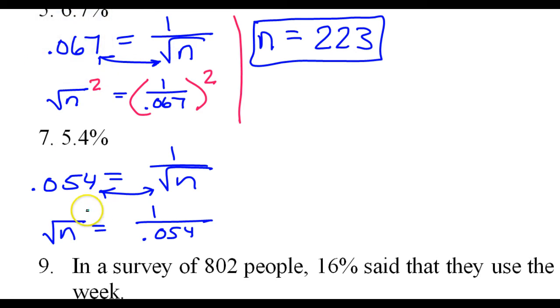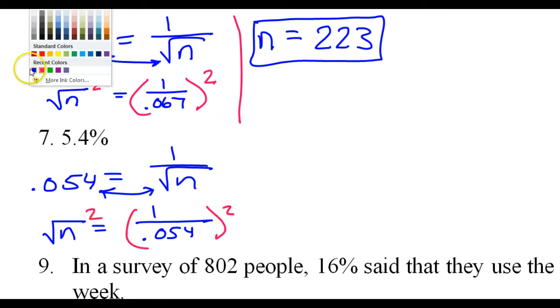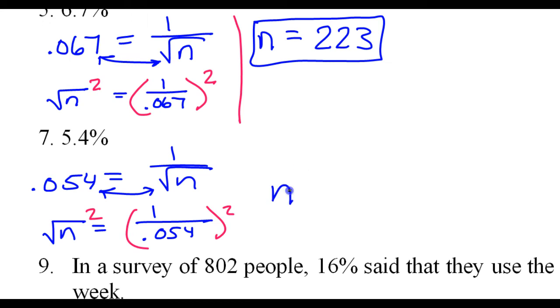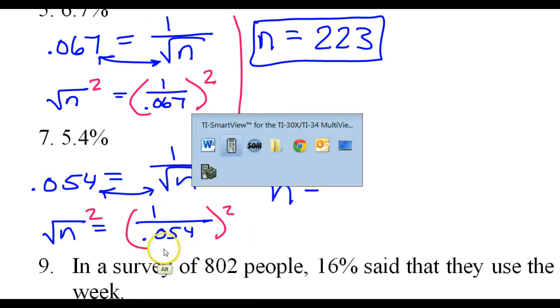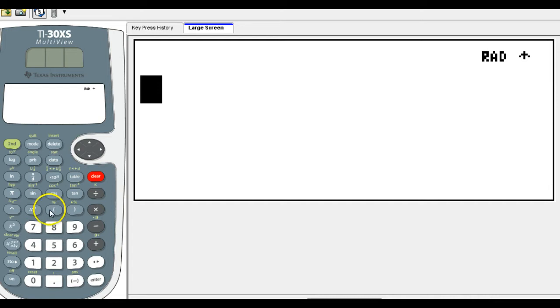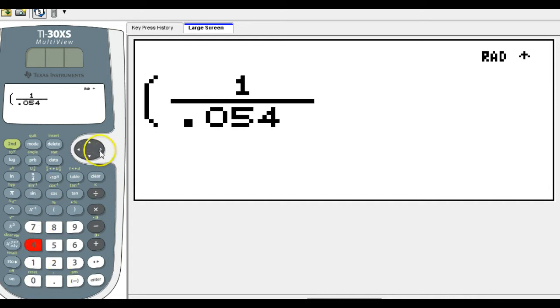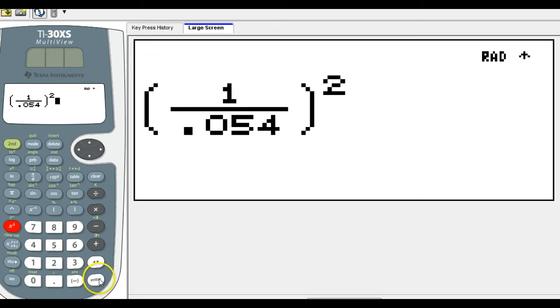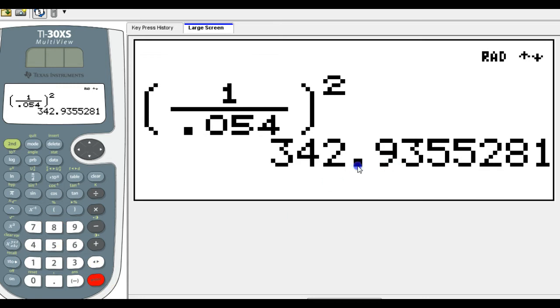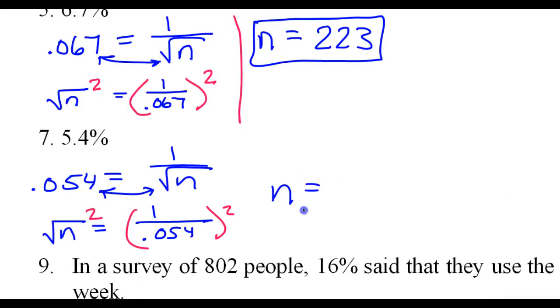Squaring both sides should give me that sample size. Okay, so 1 over 0.054. Alright, 343. Got to round up.